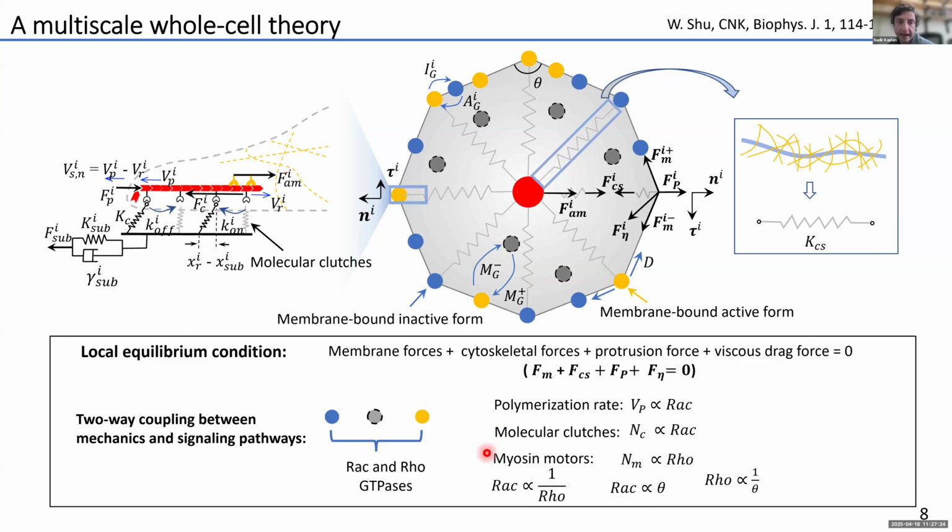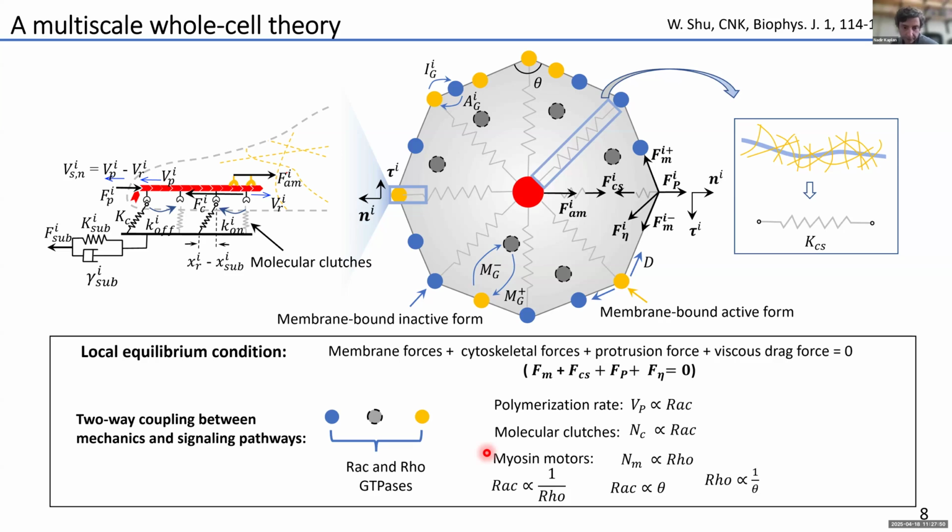So they space separate, so to speak, such that in a polarized cell you would find a higher concentration of Rac at the front end of the cell and a higher concentration of Rho at the rear end of the cell. And that symmetry breaking also gives rise to the polarization of the cell in the first place.